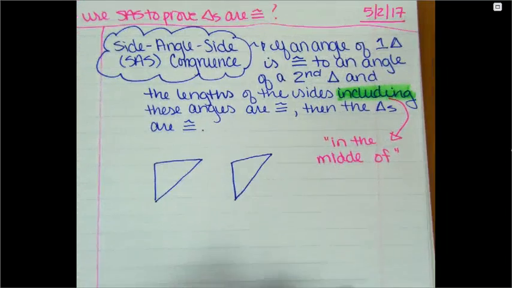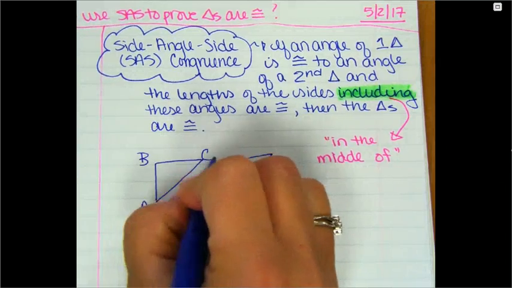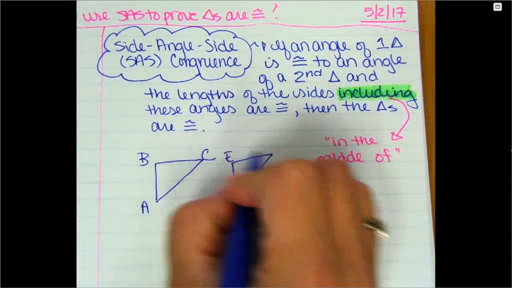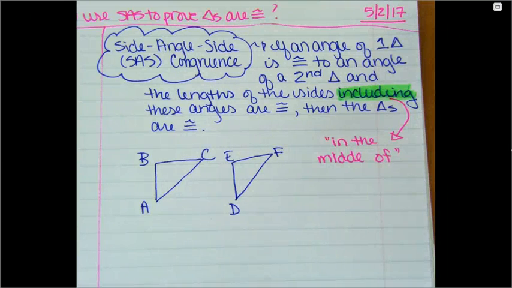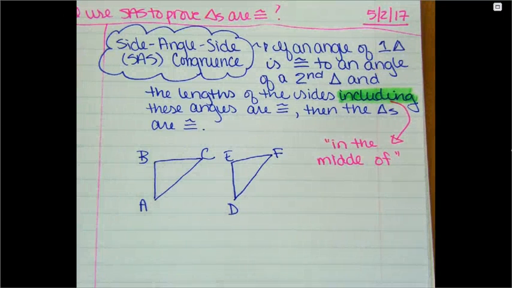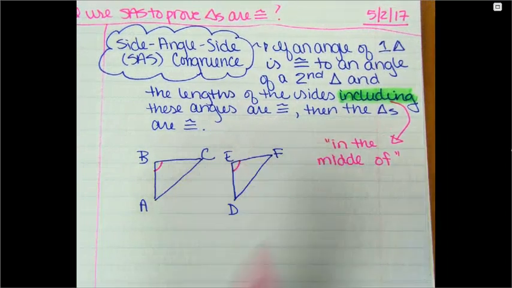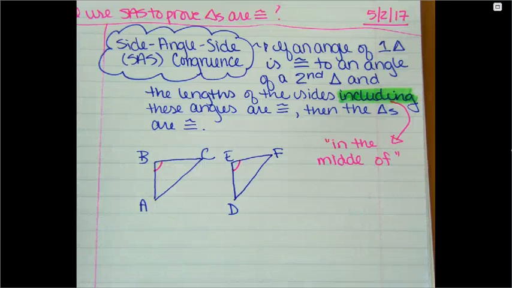All right, two triangles. Triangle ABC, and DEF. So what this theorem says is this. It says if you have an angle that's congruent, so we're going to say angle B is congruent to angle E. Got it?